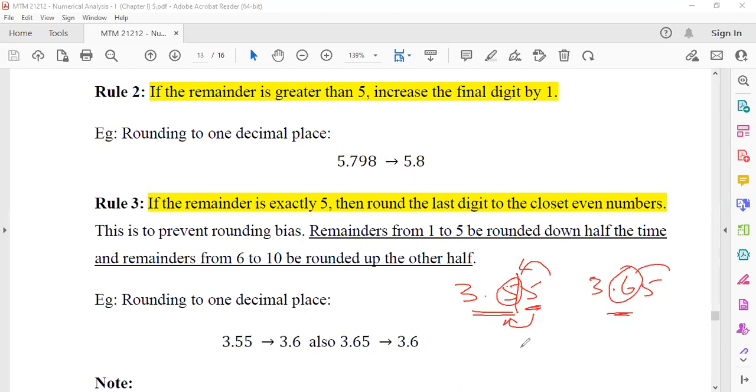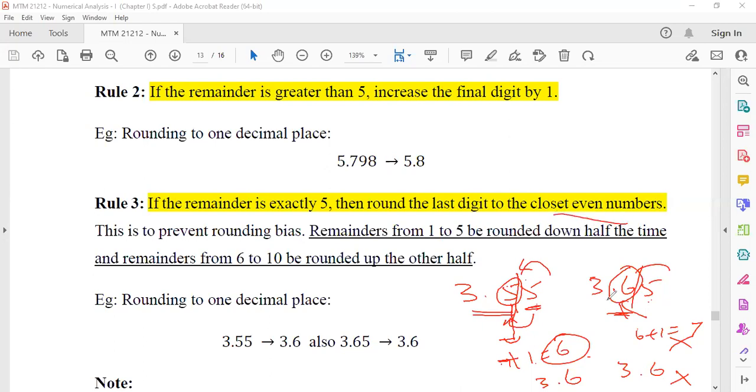Here, if you add 1 to 5, 5 plus 1 is 6, which is an even number, so you can make it that. If you have 6, 6 plus 1 is 7, which is not an even number, therefore you keep it as it is. That's what they say, closer to even numbers.